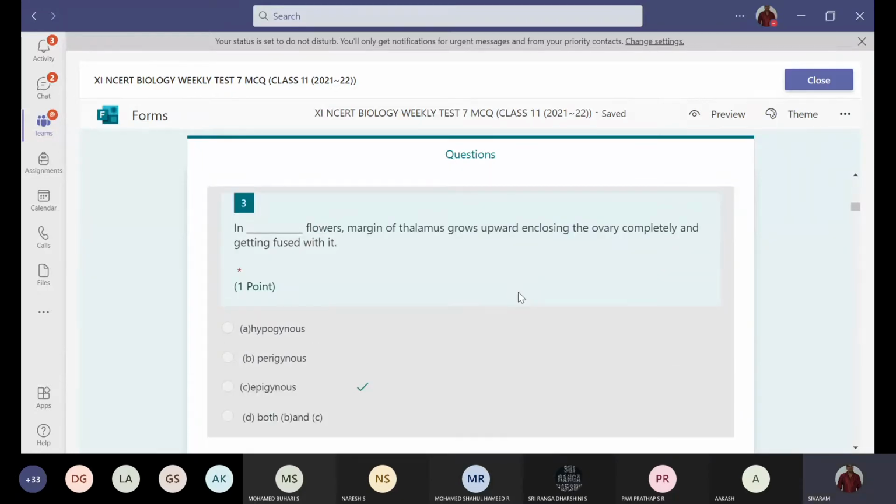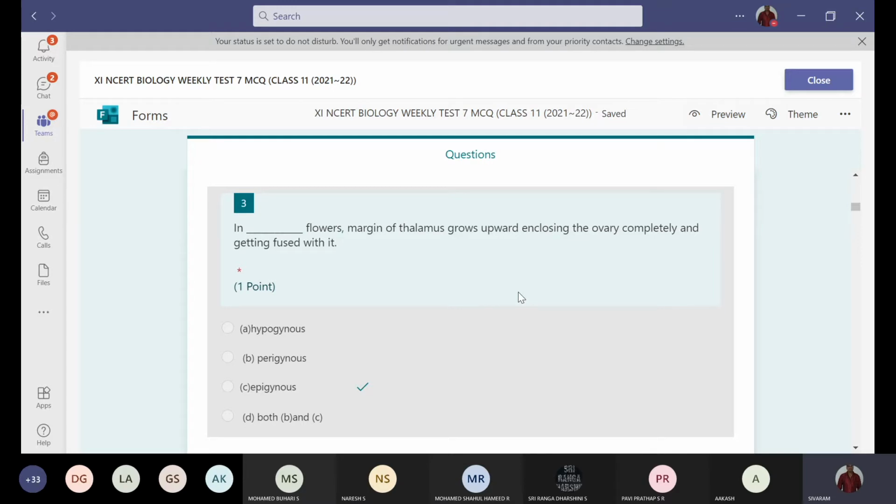In dash flowers, the margin of thalamus grows upward, enclosing the ovary completely and getting fused with it. That is the epigynous flowers. Epigynous flowers or inferior ovary.